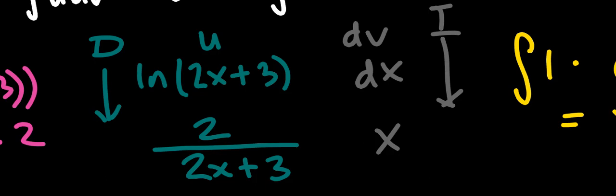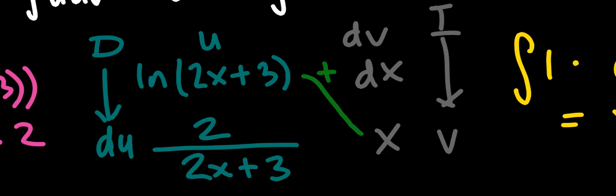What we're going to do is multiply our uv, right? We integrated dv to get our v, and then we differentiated u to get our du.